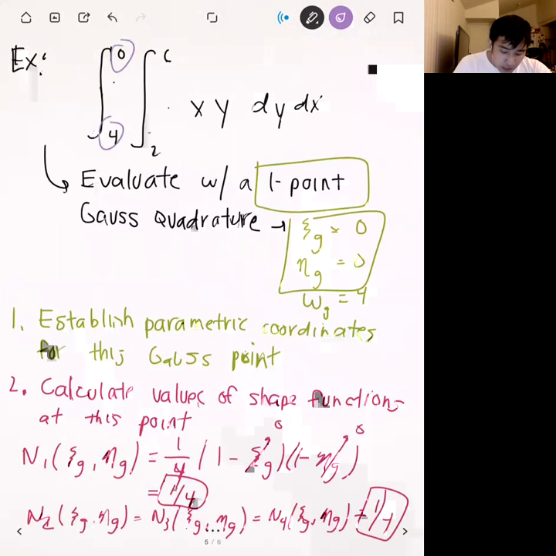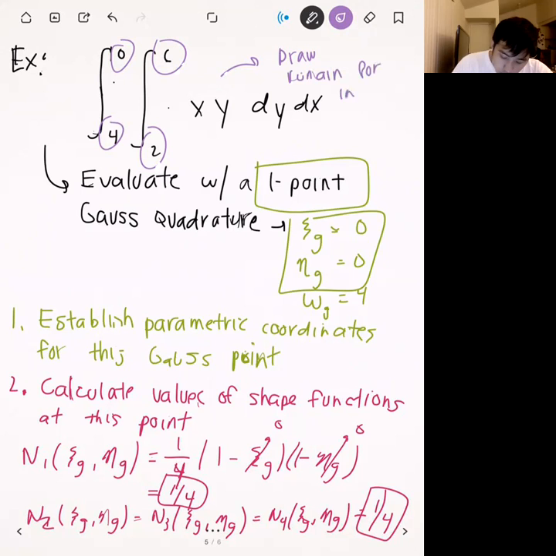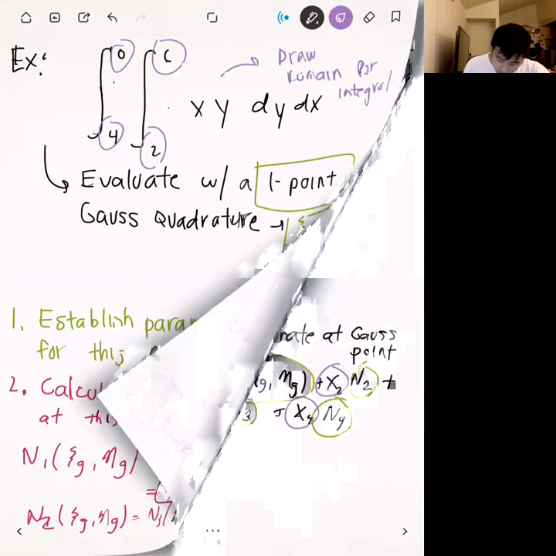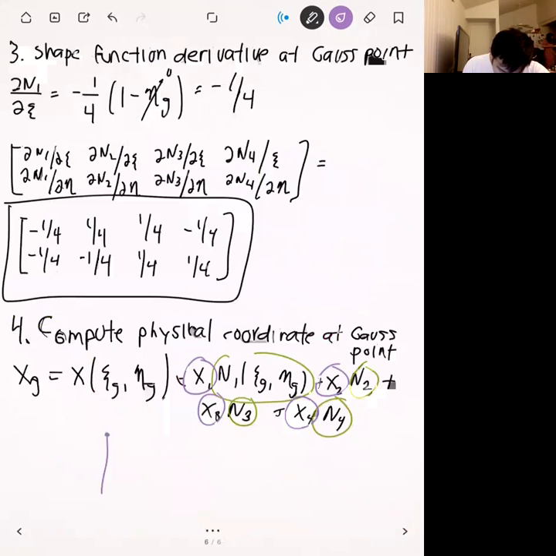How do we take these integration bounds and turn them into x1, x2, and so on? To help with this, let me draw the domain for this integral. Our domain looks something like this. We're just integrating over a square.